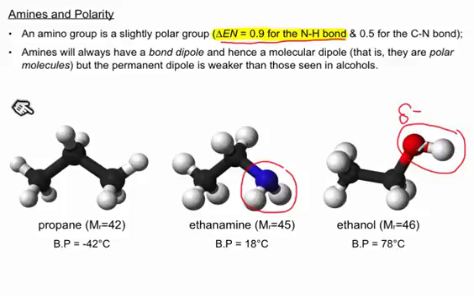And that intermolecular force is a lot stronger. So molar mass is about the same, but the strength of the dipole in ethanol is larger. But that said, amines will have slightly higher boiling points than similar molecular mass molecules like propane that are nonpolar because of the polar amino group.